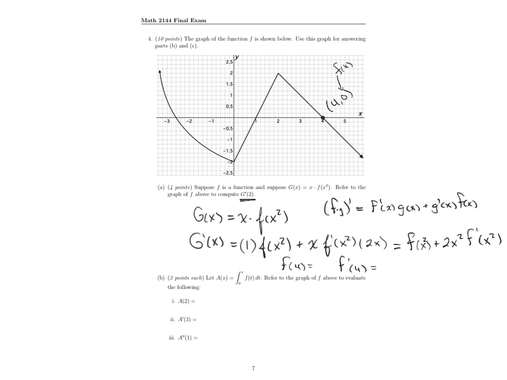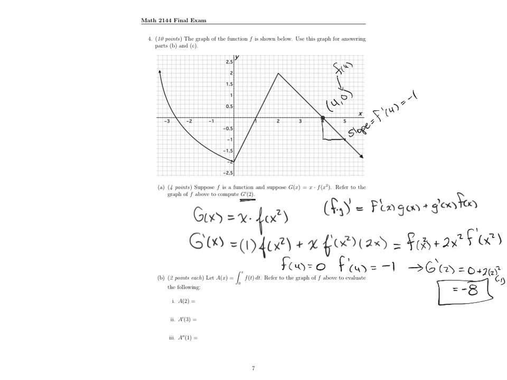To find the slope of the line, we could just take our rise over run and find out that the slope, which is equal to f prime of 4, is -1. Plugging those in, we do our final calculation to say g prime of 2 is equal to 0 plus 2 times 2 squared times -1, which is equal to -8.